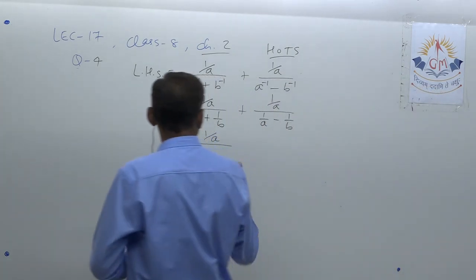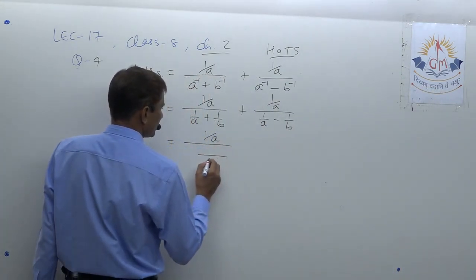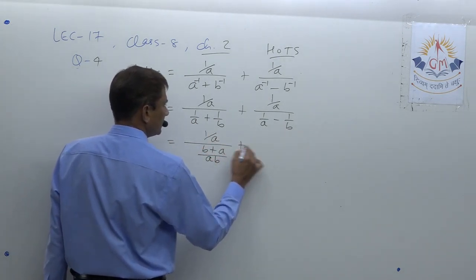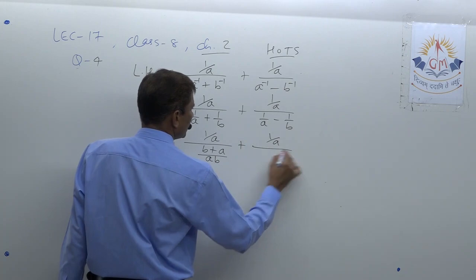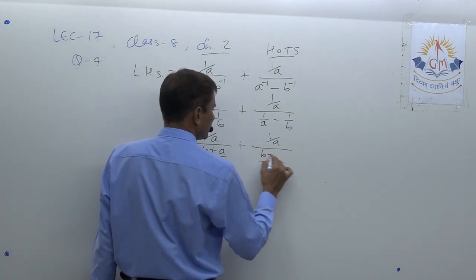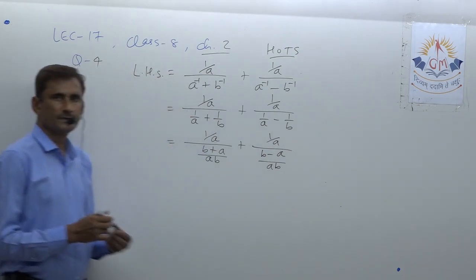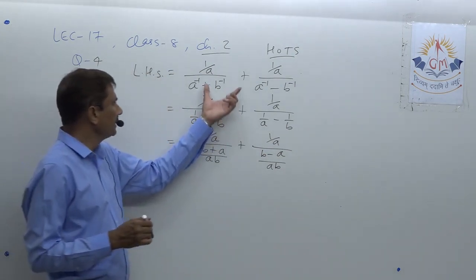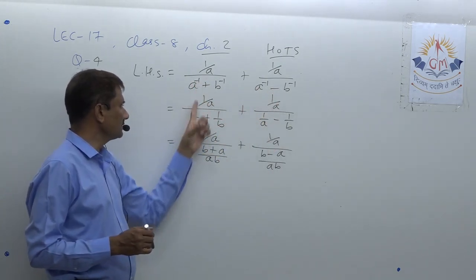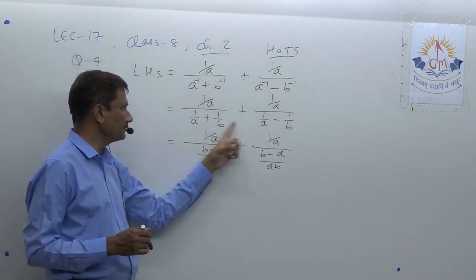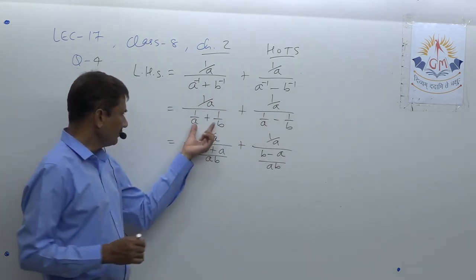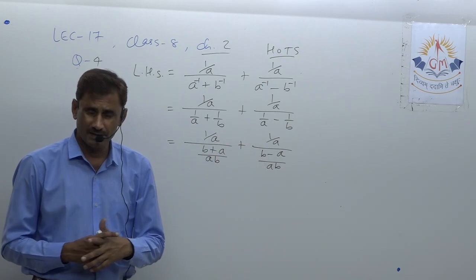So it will be ab in the denominator, and b plus a. Same way here also ab and b minus a. I did nothing else: first the negative power was converted into positive, so minus 1 becomes plus 1, b raised to 1, a raised to 1, but raised to 1 does not need to be written. Now the LCM is taken, meaning cross multiplication is done.